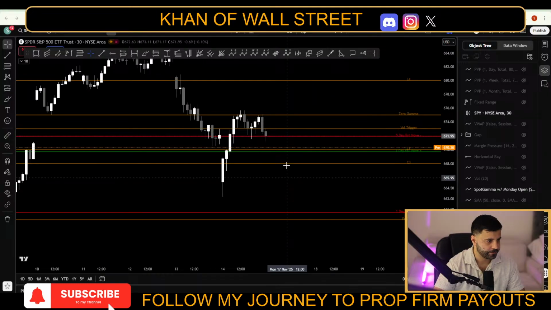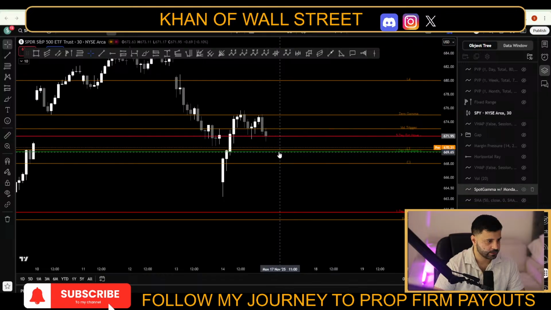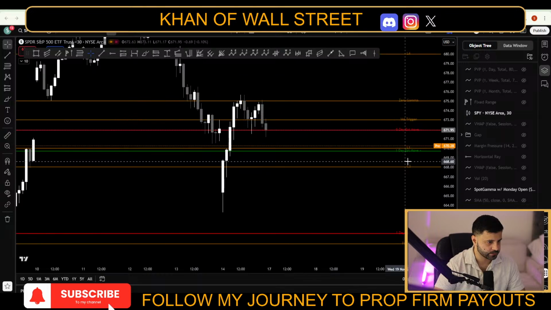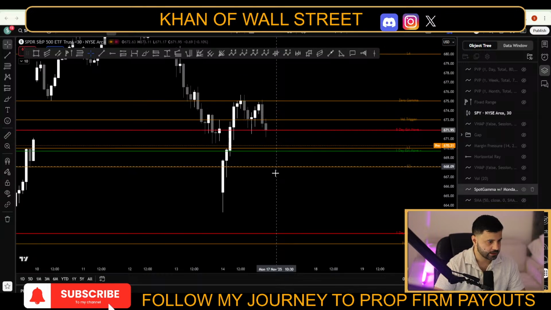This one right here, we have one here. It looks like we're trying to come through it. So we could overshoot into this gamma exposure level here, 668. But I think the biggest one, the put wall, is all the way at 660.